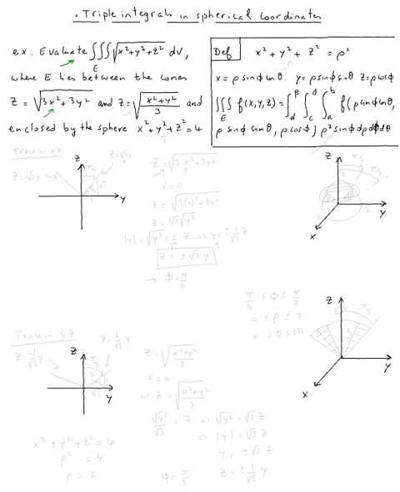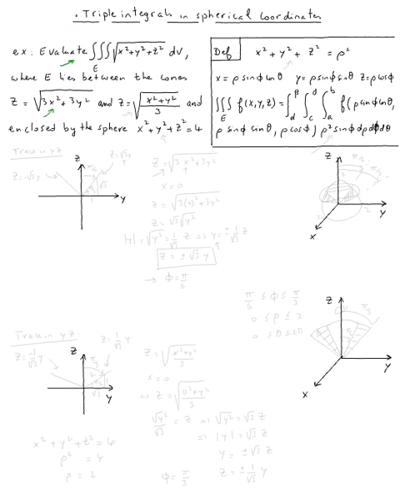Alright, so the first thing, I know I'm going to need my phis. So I'm going to rewrite the cones as a phi equal a number. So how do I do that? I can just do it geometrically much faster than algebraically.